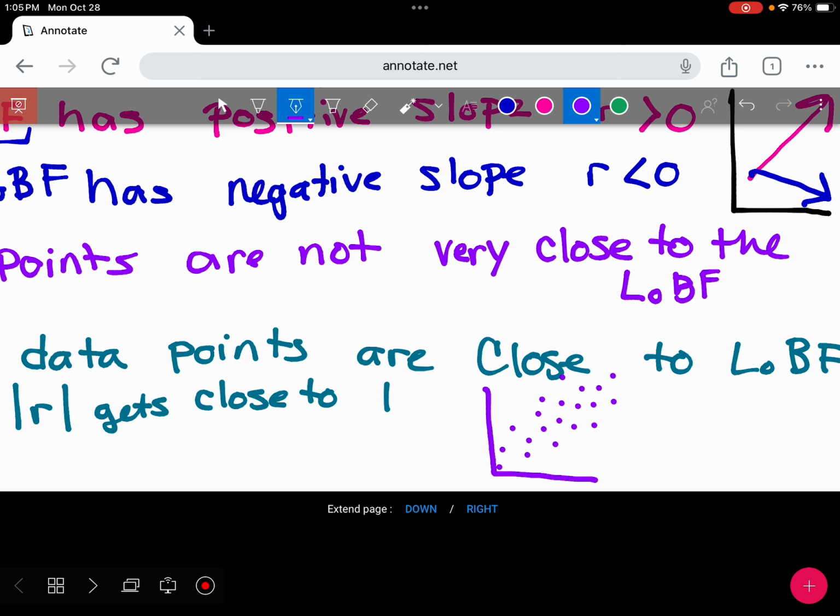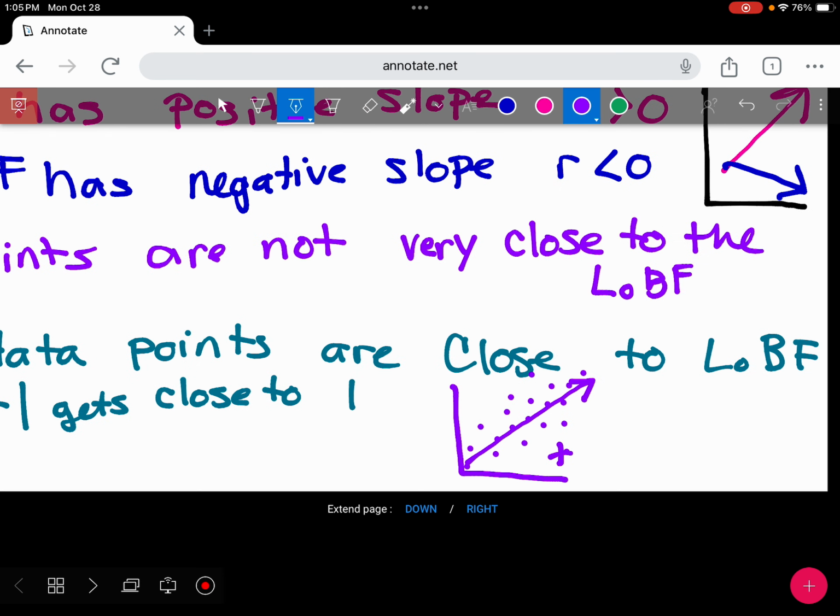I could still put a line of best fit through it, and it can still have a positive correlation, but the points are not super duper close together. I could do the same thing with a negative correlation. I could have a fairly weak negative correlation. And the only difference between those is they're going to be a lot closer to 0.